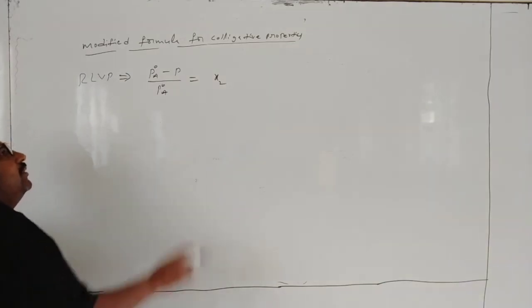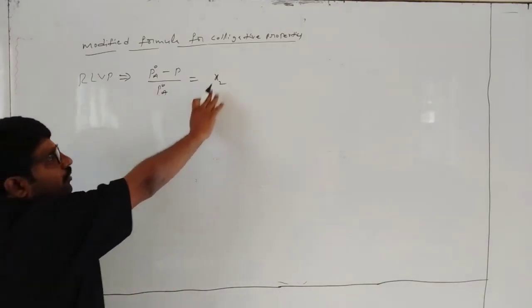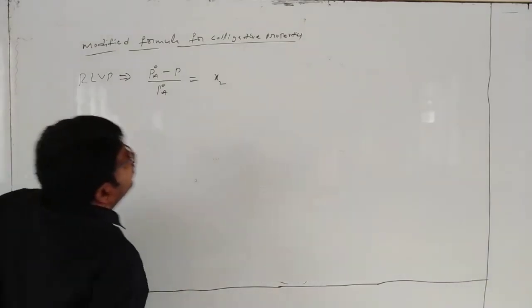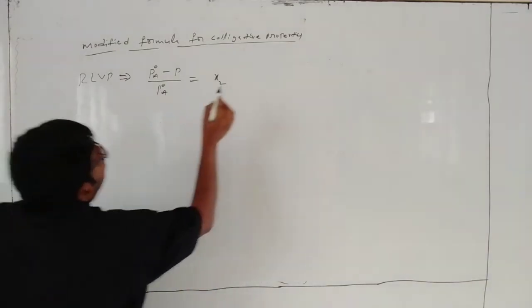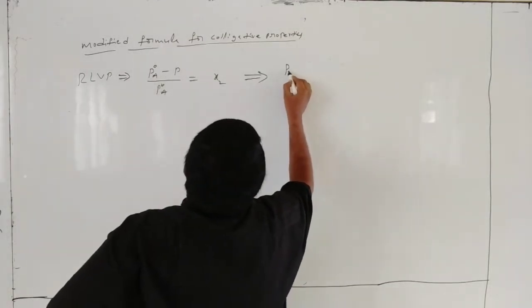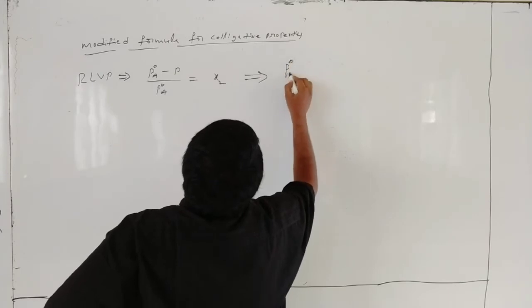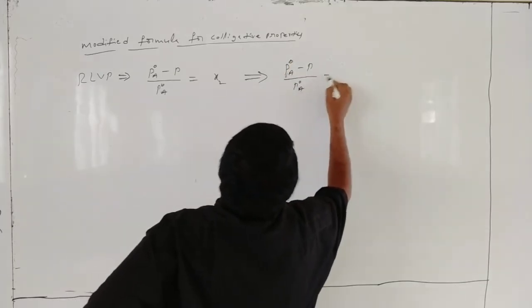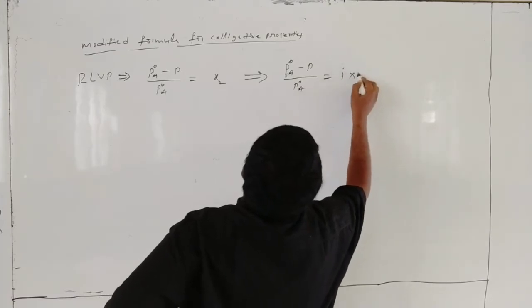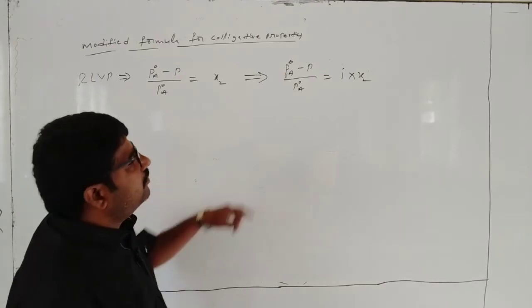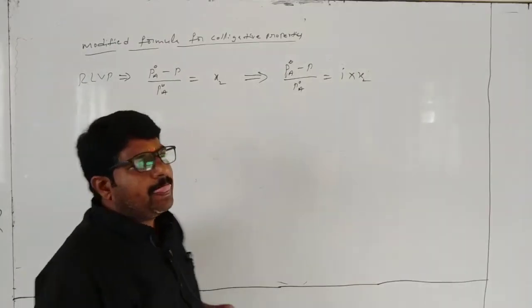RLVP is equal to the mole fraction of solute. This is RLVP. The modified equation is (P naught A minus P) by P naught A is equal to i into X2. This is the modified equation. You have to add the Van't Hoff factor here.